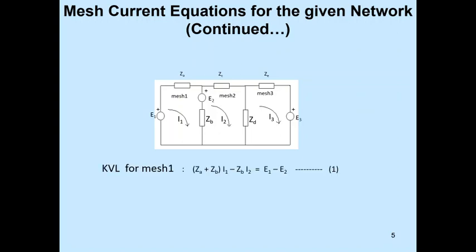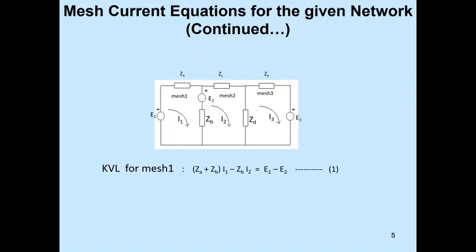See, this is the circuit. Now from this, I am going to write the mesh equation 1 for current I1. Considering the first mesh, mesh 1, here the current is flowing through E1, ZA and ZB.